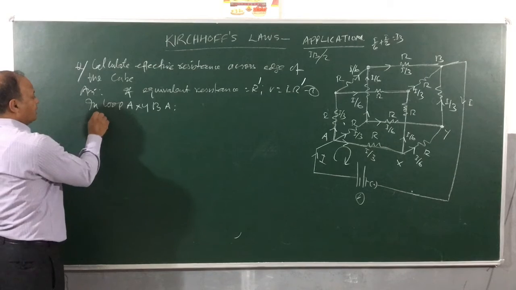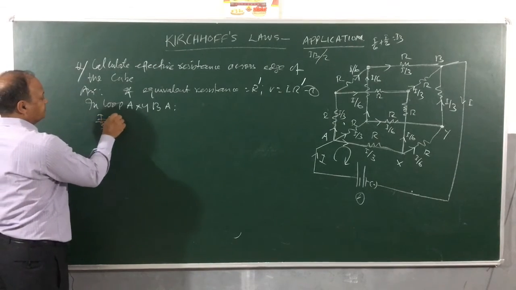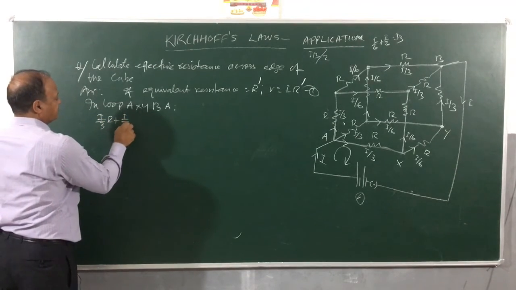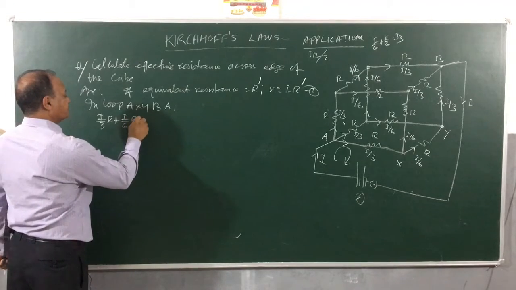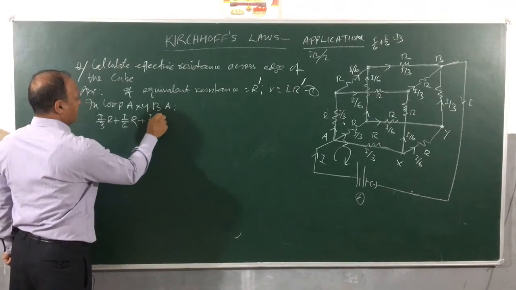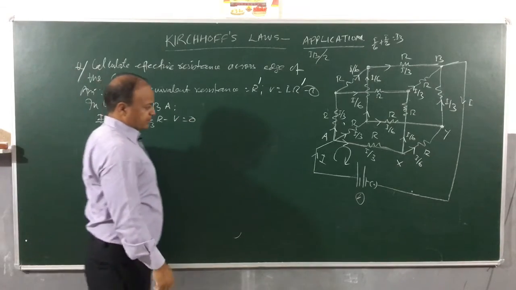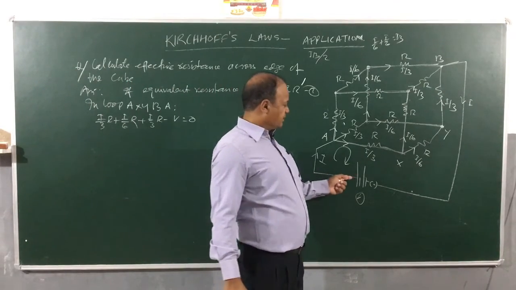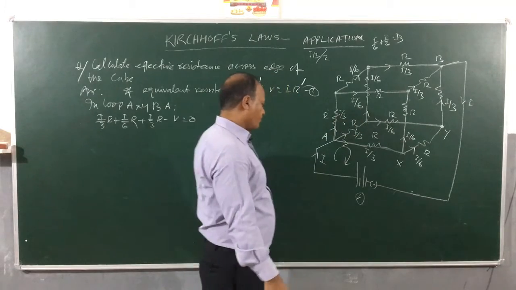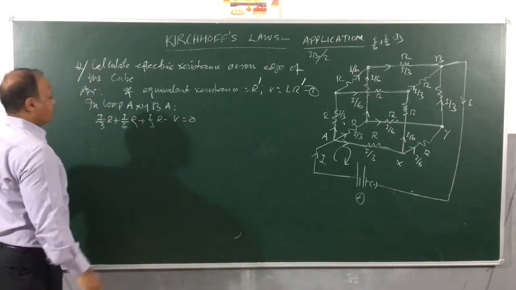Then we have I by 3 R plus I by 6 R plus I by 3 R minus V is equal to how much? 0. Because this is how I am going, right?